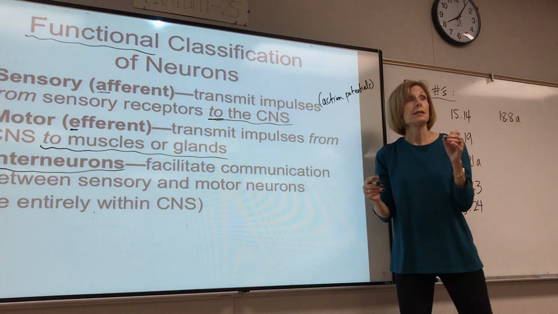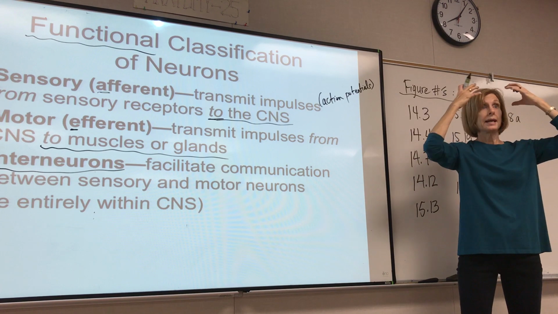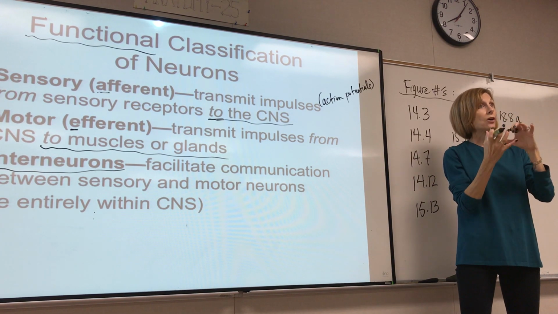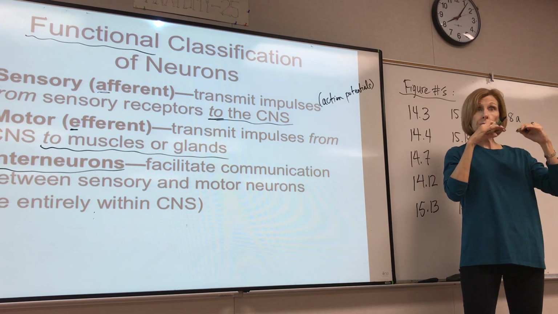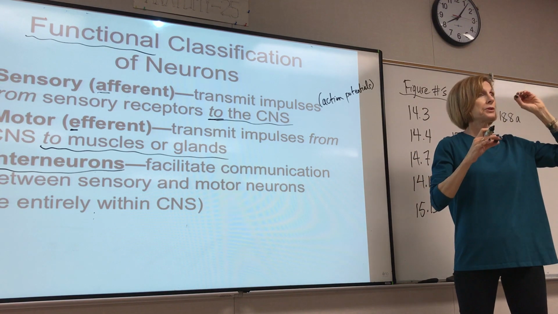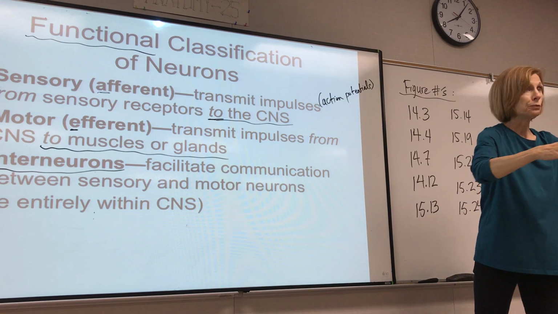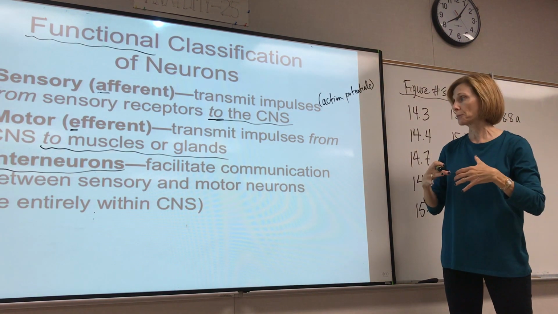And interneurons, their job is to connect different areas of the brain and the spinal cord, allow them to communicate with each other so that sensory information can be processed, it can be stored as memories, it can be used to determine what movement we will be making as a result of the incoming information.